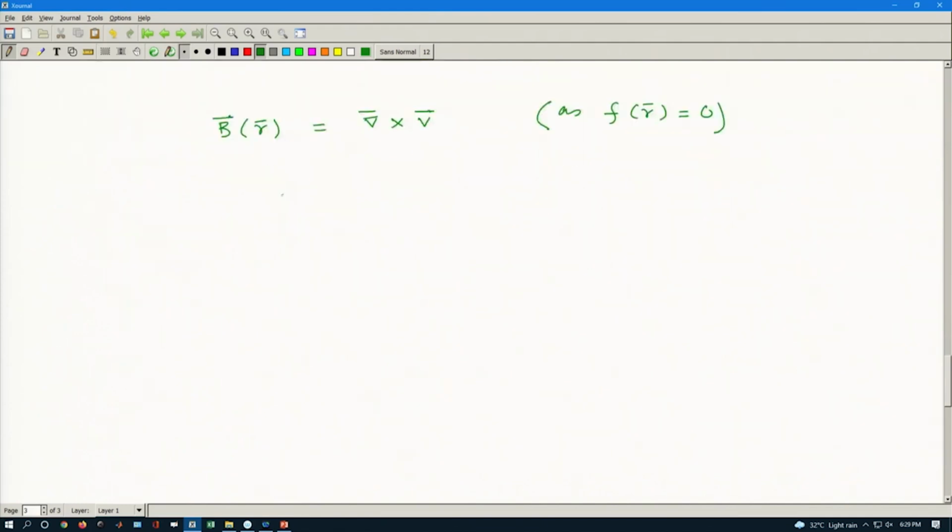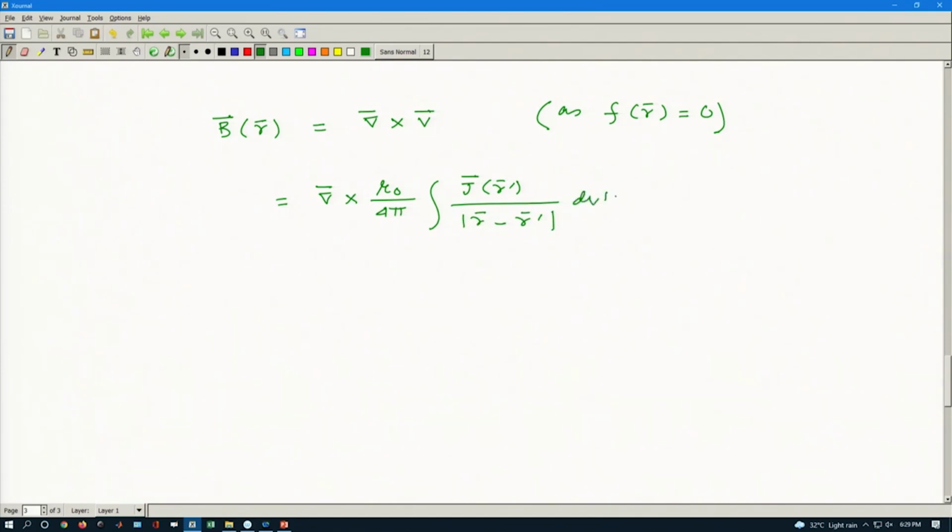So, that quantity is simply curl of mu 0 divided by 4 pi and the integration of j evaluated at some r prime and then r minus r prime dv prime.